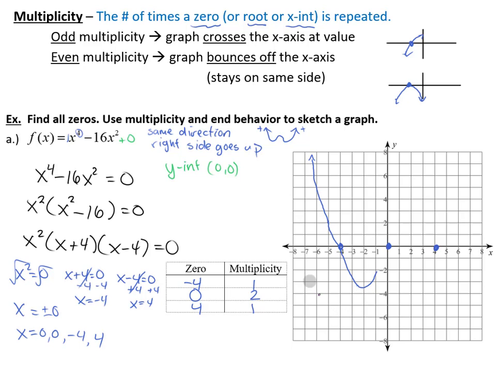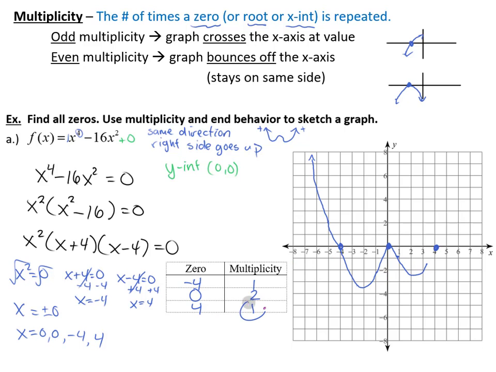Okay, and as I head towards 0, I notice it has an even multiplicity, right? We got 0 twice from that x squared term. And if it's even, it's not going to pass through. It's going to bounce off my x-axis. Bing! Just bounces right off. Stays on the same side. And then we go down a ways, however far you want. We slowly start coming back up towards 4.